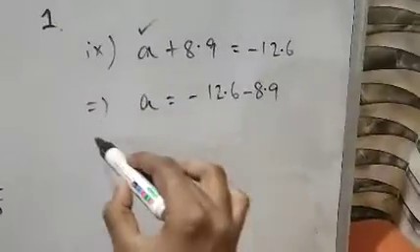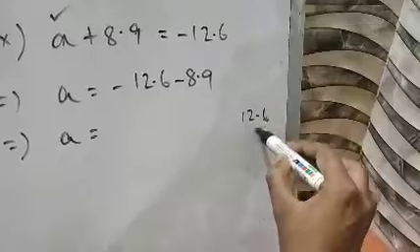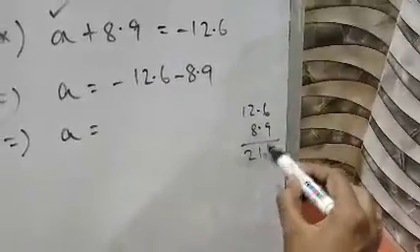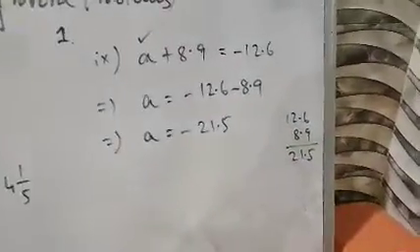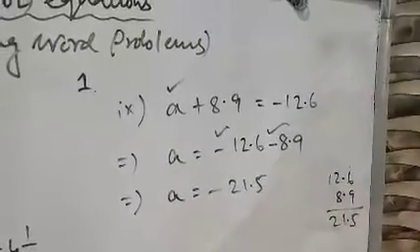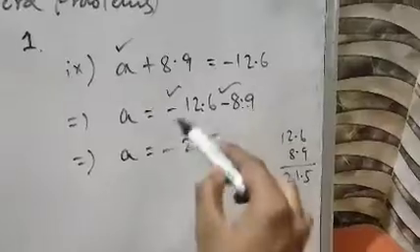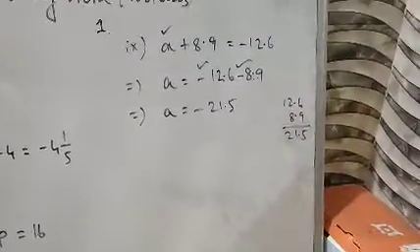That means minus 8.9. So a will be minus 12.6 minus 8.9. So the answer is 21.5, minus 21.5, because there are two minus signs. When there are two minus signs, we just add and put the minus sign. So minus 21.5 is the answer.